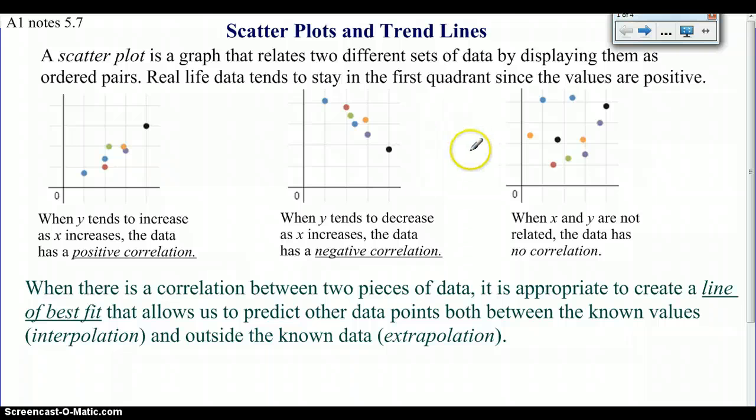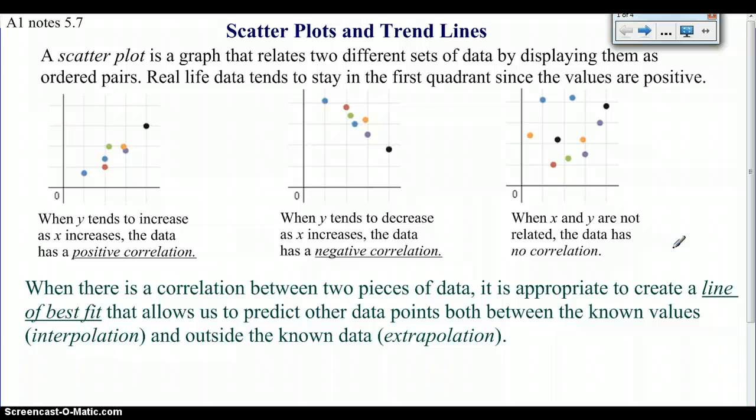You could draw a line that would connect most of these points, and it would be sloped downward, negative slope. In the last situation, there's really not a trend that we can follow, either positive or negative, so we would just say there's no correlation. A change in x doesn't really help us to predict what would happen with y.